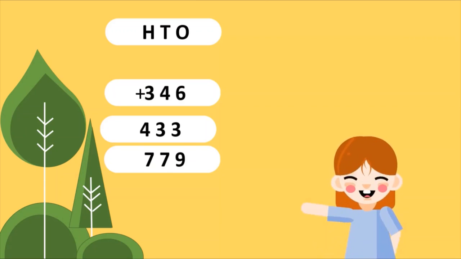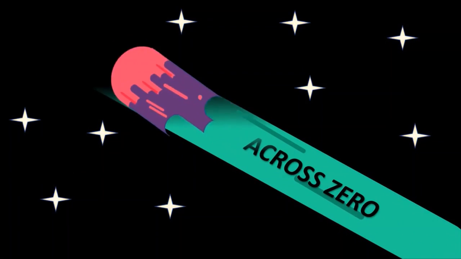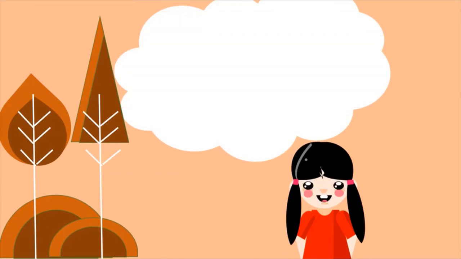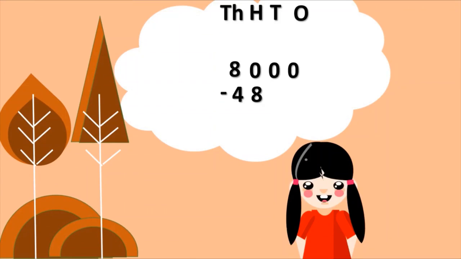Now we come to the next topic, that is subtracting across zero. Let us take a 4-digit number, 8000 minus 4838. Now here the digit in the hundreds, tens and ones place are all zero.